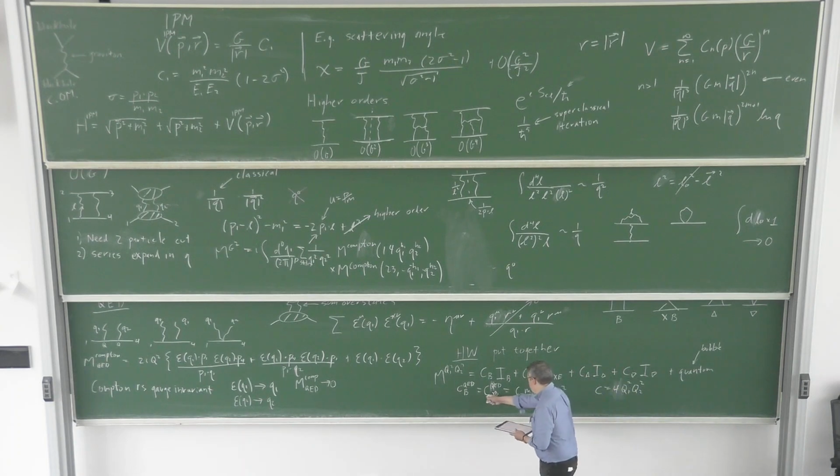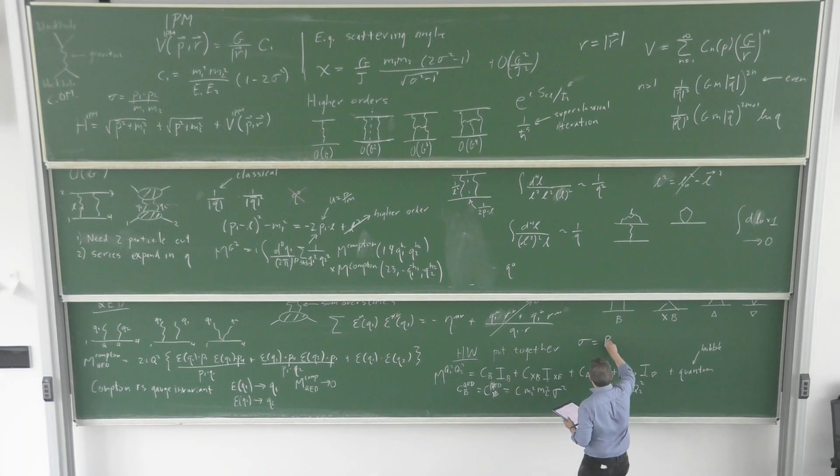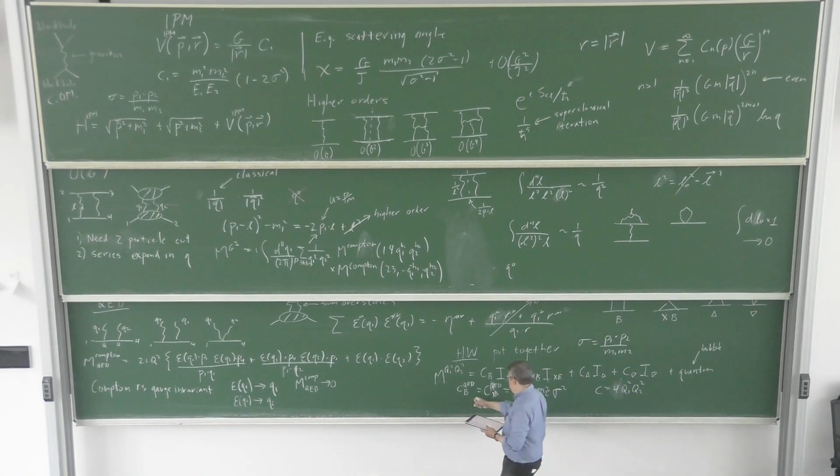So it just has a dependence on the sigma. Sigma is equal to P1 dot P2 divided by M1 M2. So these are the coefficients of the box and the cross box.